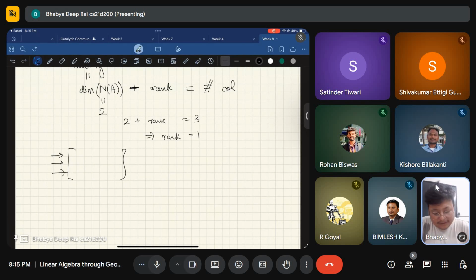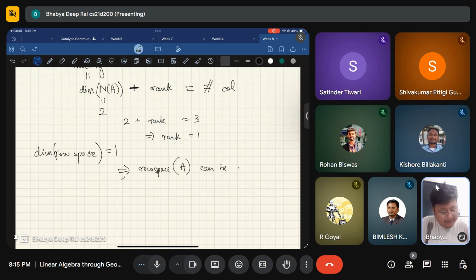Okay, great. So the rank is 1, meaning that for the matrix A, whatever row space it has, the row space can be represented by a single vector. Which means that the dimension of row space is equal to 1. So the row space of A can be represented by a basis of size 1, so by a single vector.